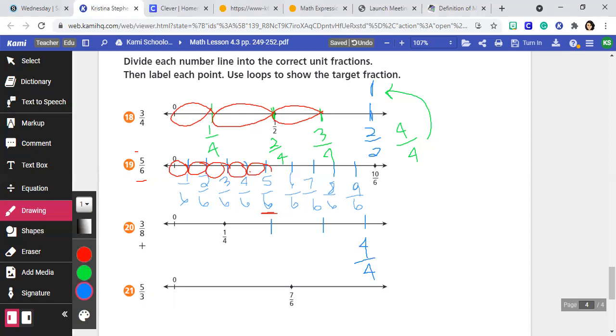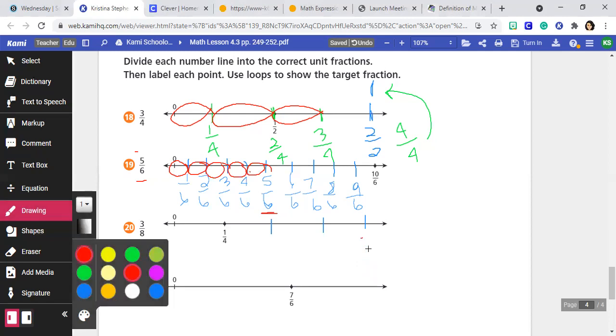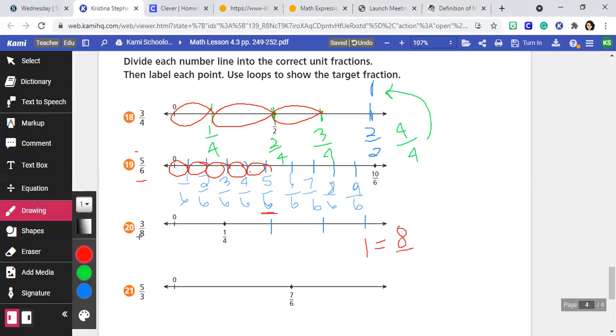So I'm going to use the fact that this is 1 right here. Let me go ahead and relabel that, this is 1. And I know that this is also equal to 8/8, if we use our denominator here. So I know I don't need 4 equal sections. I need 8 equal sections.